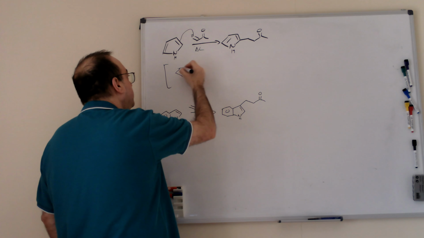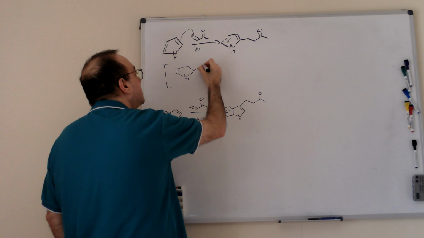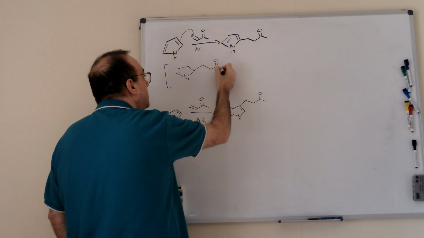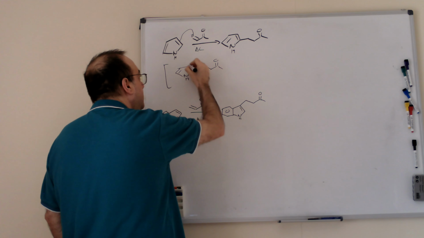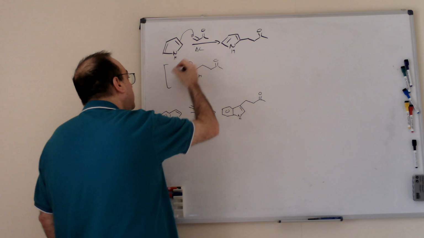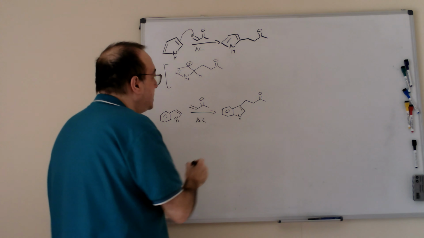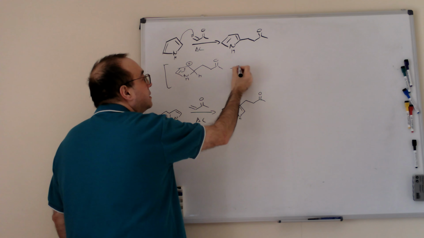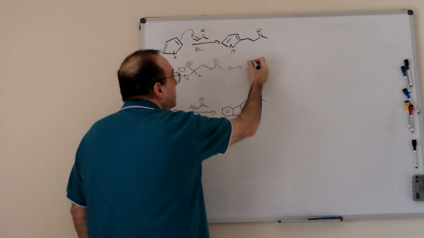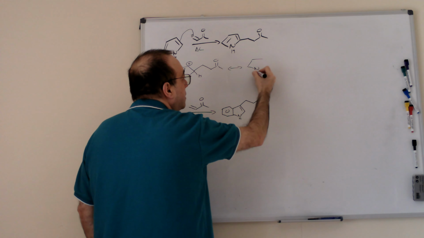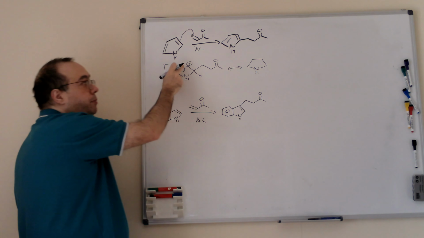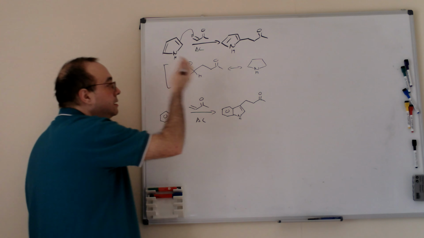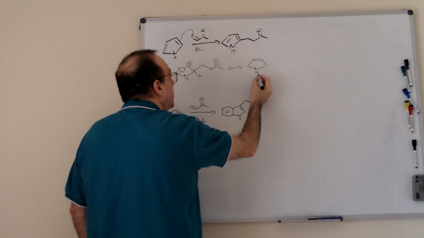If it's attacking C2, we can move this, we can stabilize the positive charge that we generate in the ring by moving the electrons.